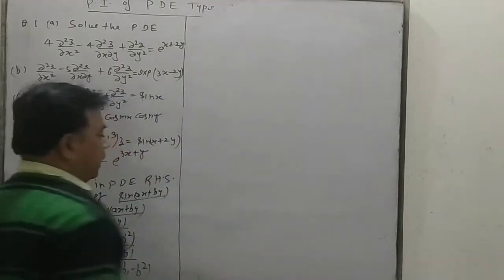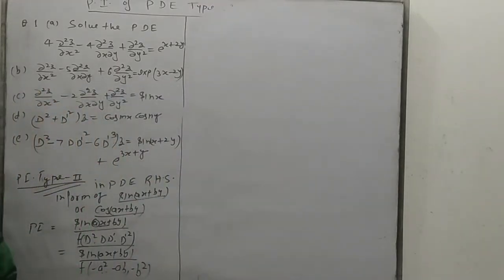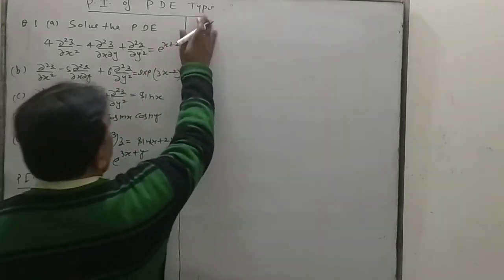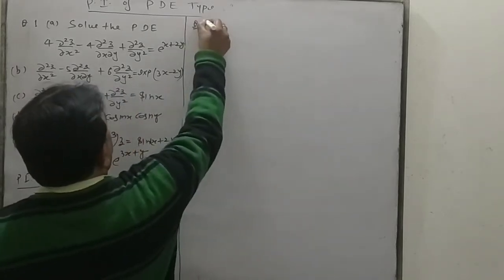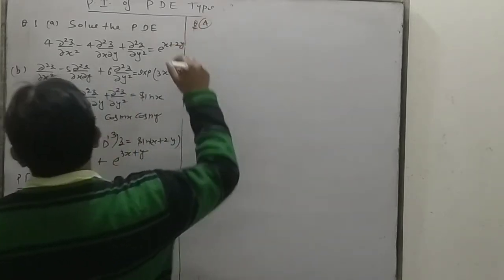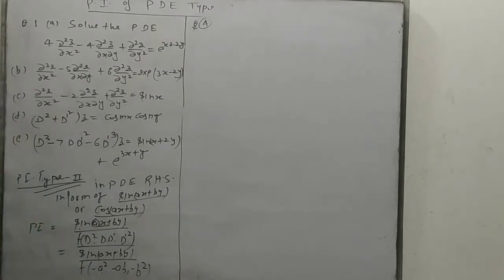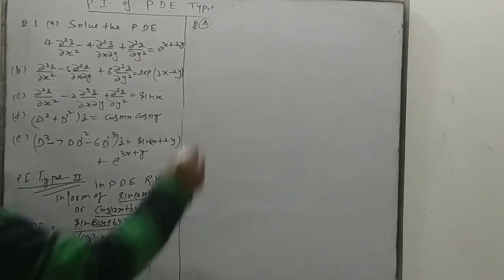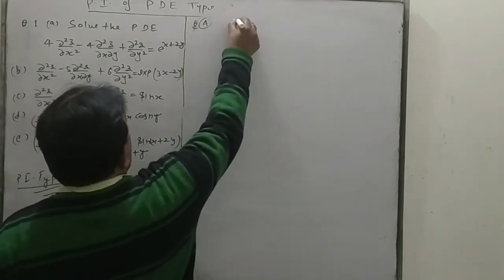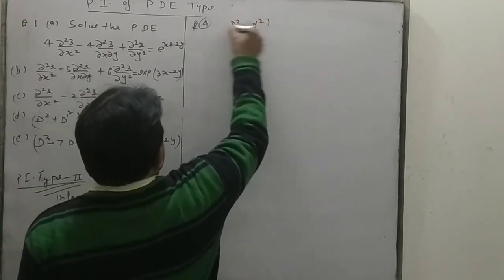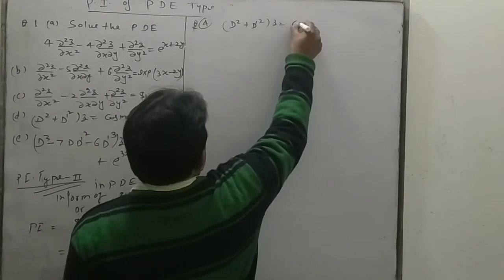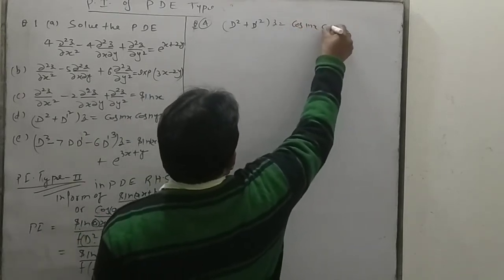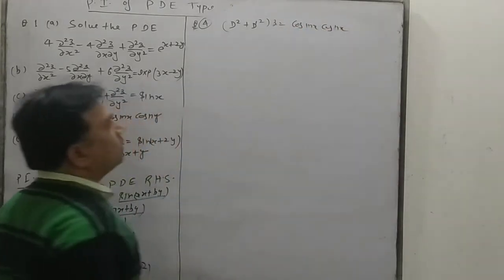We have discussed the next question of this type. So question number 4 is (D² + D'²)z = cos mx or cos nx.